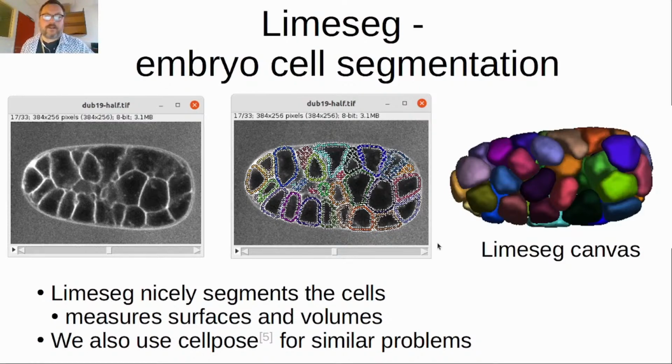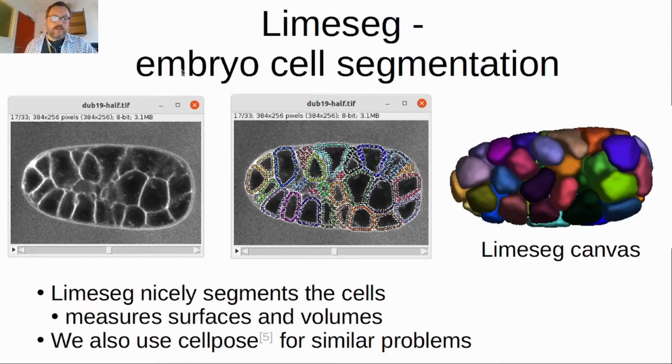And the last little example is about using LimeSeg for segmentation, for segmenting data that looks like this, where there are stained membranes. And it does a really good job with this. It's really amazing. We also use Cellpose for this kind of data, which also works very, very well.